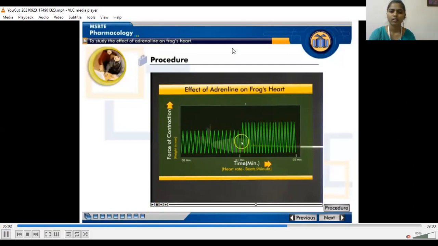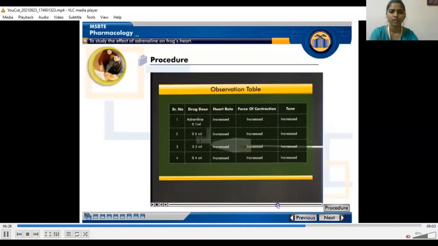So from that graph we obtain the difference between the normal heart rate and the adrenaline administration heart rate. From that observation table, we understand that here we use the dose in increasing order like 0.1, then 0.2, then 0.3 and 0.4 ml.